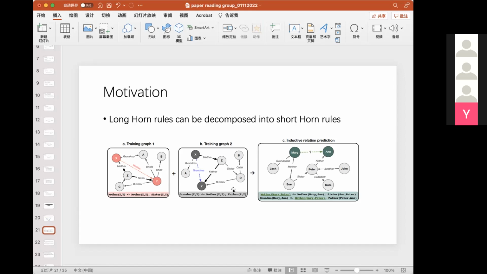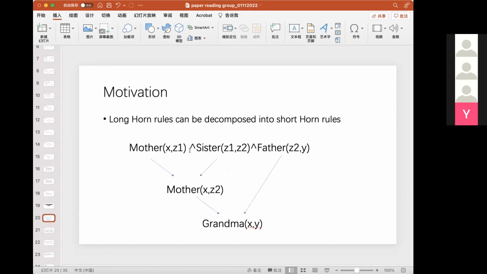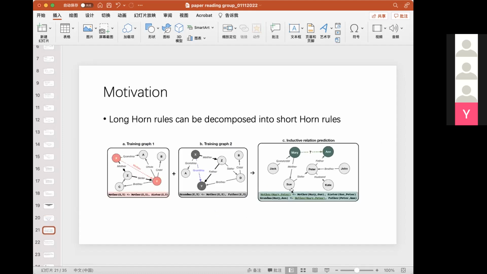Now we try to apply these logical rules to conduct inference in this inductive relation prediction task. If our goal is to infer the relation between Mary and Ann, we would essentially require the rule mother(X, Z1), sister(Z1, Z2), and father(Z2, Y) in order to make the prediction, which is this path.